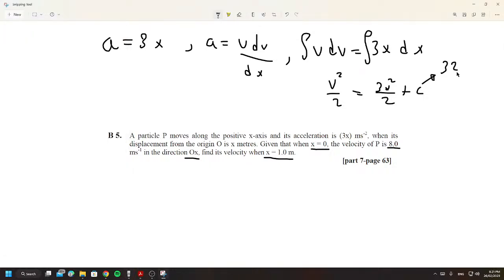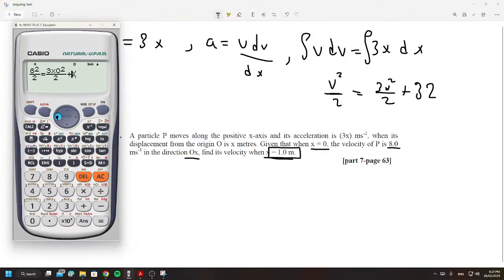I actually have solutions for this one, and so far I'm going correct, so that's good. Now we're going to replace 32 here, and we substitute to solve for v, given that x is equal to 1.